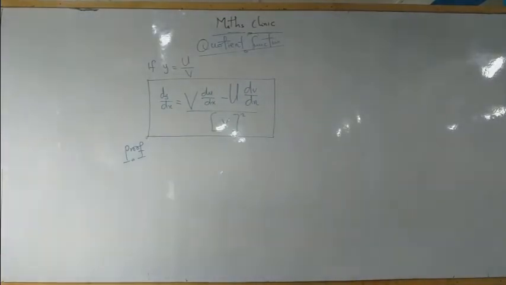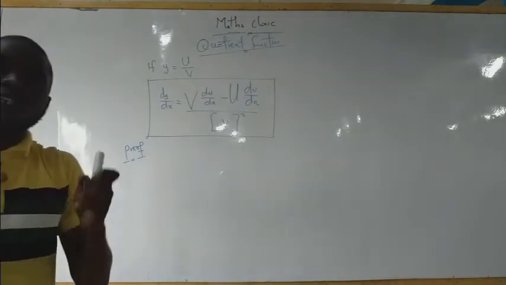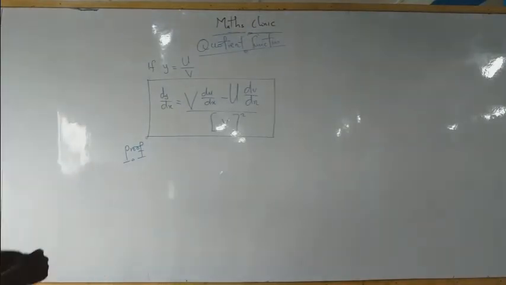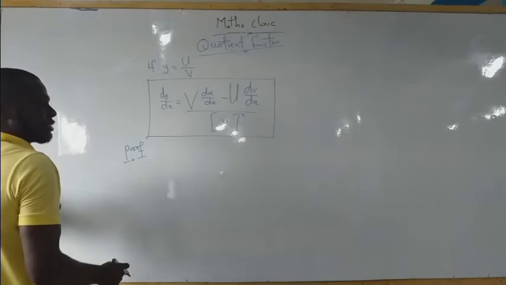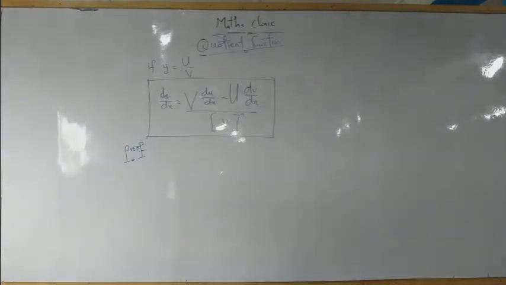Let's prove this. We are still going to deduce this from the first principle. Let there be an increase in y by changing y, in u by changing u, and in v by changing v.